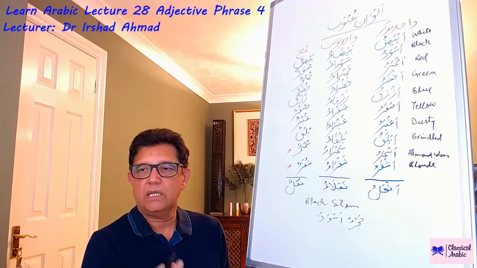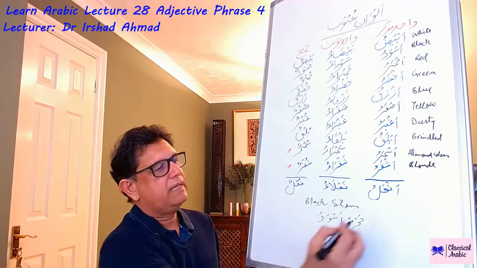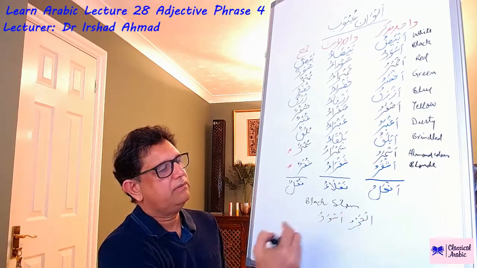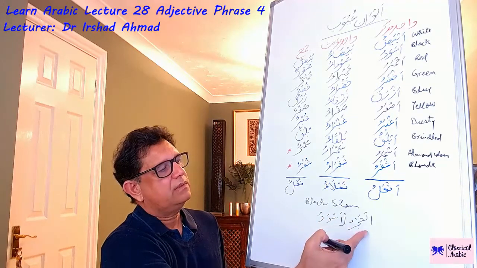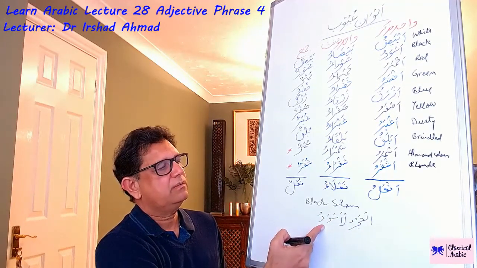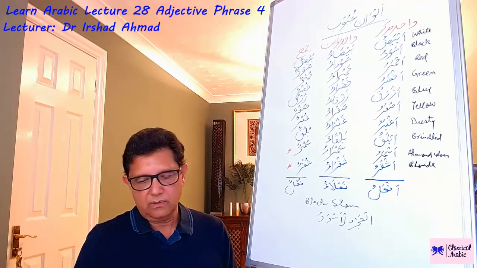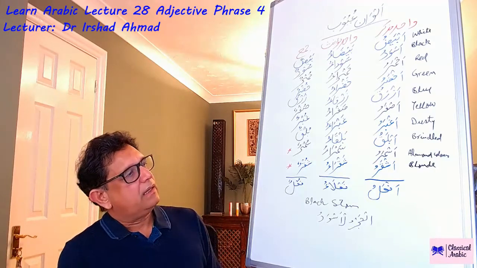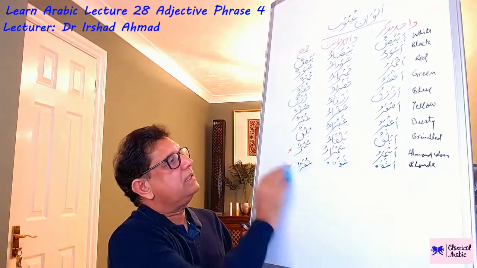But if you want to say the black stone which is in the Kaaba, we will say al-hajru, to make it definite. Al-hajru, tanween will go. Al-aswadu. So al-hajrul aswadu, the black stone. So a couple of examples here, and lastly I want you to focus on 3 other words.